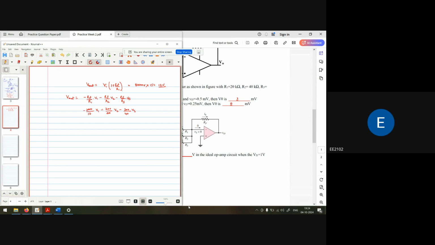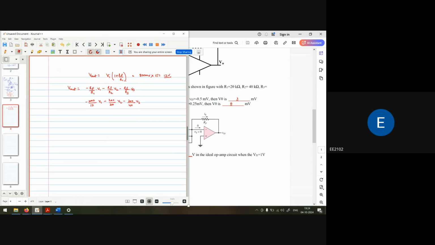So Vout is equal to minus 10 V1 minus 5 V2 minus 4 V3.